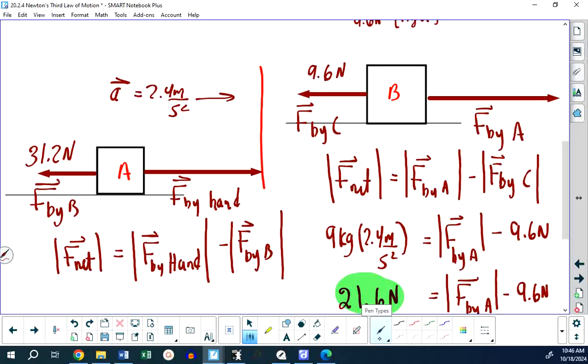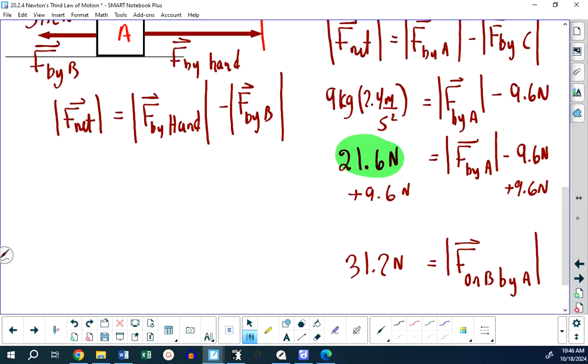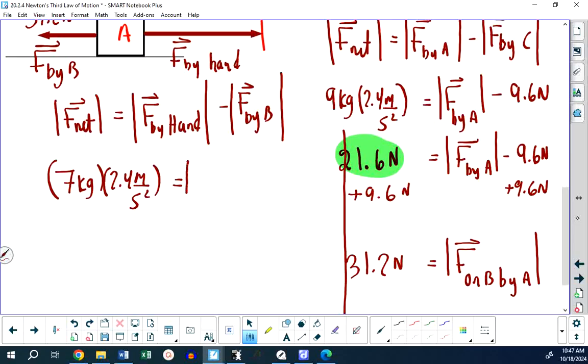So now it is, I think it was 7 kilograms. Yep. Now it is 7 kilograms multiplied by 2.4 meters per second squared. So the net force is MA. That equals what we are after, which is the force on A by the hand, minus 31.2 newtons. Thank you.